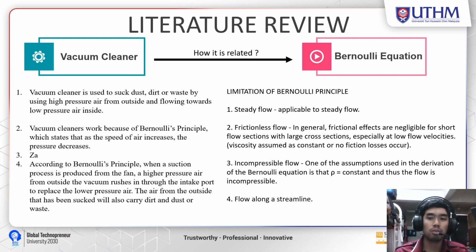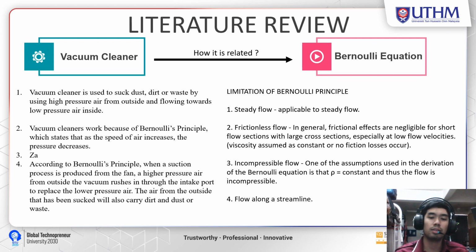But the Bernoulli equation also has some limitations, which are steady flow. It is applicable to all steady flow. Then we have frictional flow. In general, frictional effects are negligible for short flow sections with large cross sections, especially at low velocities.